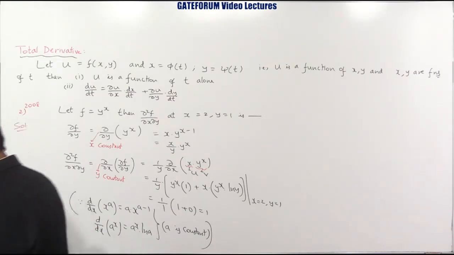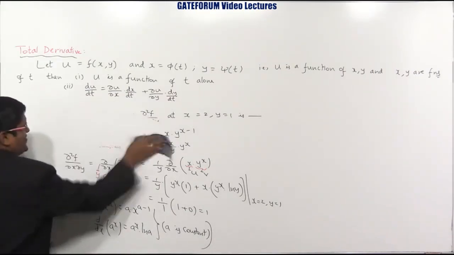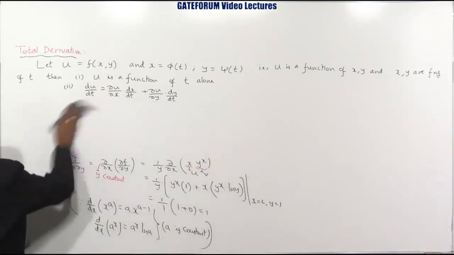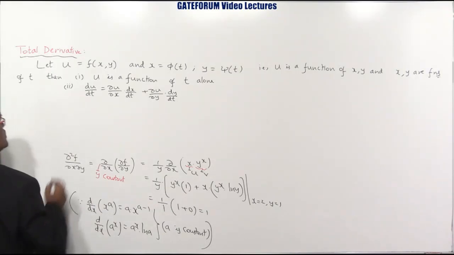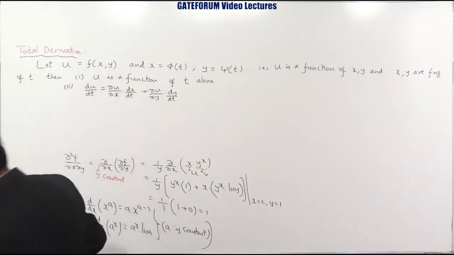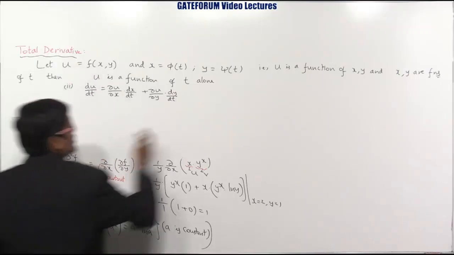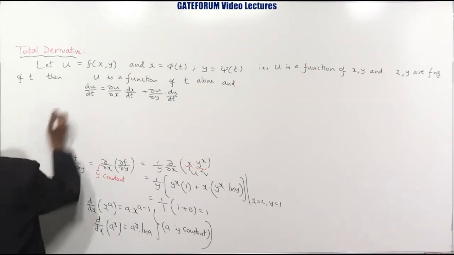I will explain. Actually, this is not considered as a formula. U is a function of t alone, followed by this, the first result, better like this.